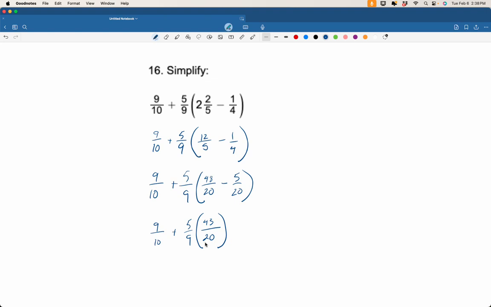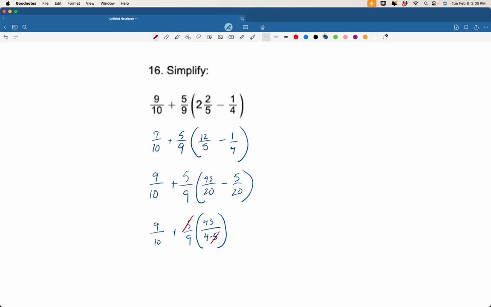Now I know that 20 is 4 times 5, so I'm going to rewrite that as 4 times 5. That lets me cancel the 5s, and it just makes it easier to do the math.